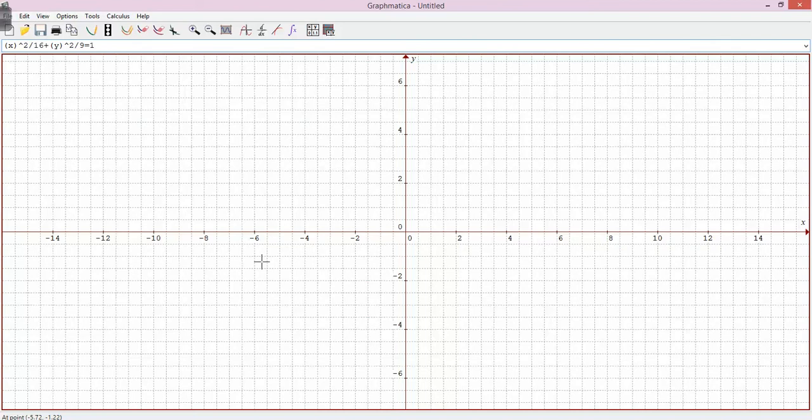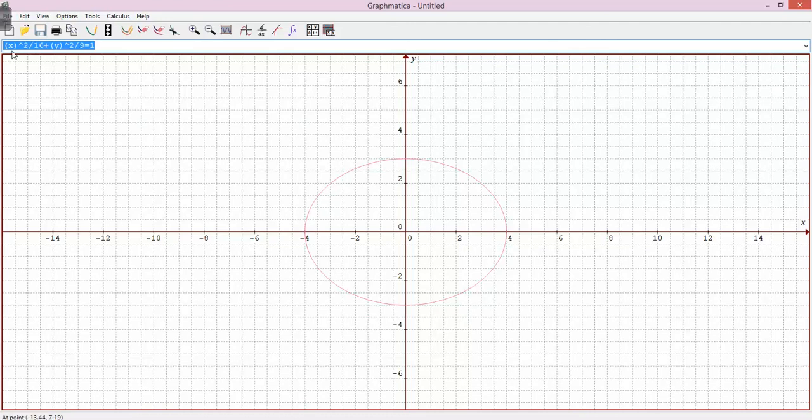According to what I said before, this should be an ellipse that has this distance across here, 4 in either direction, and should be 3 up there and down to there. Okay, let's press enter, and hopefully you can see that yes, definitely that is the case.